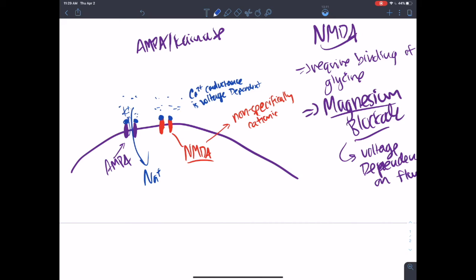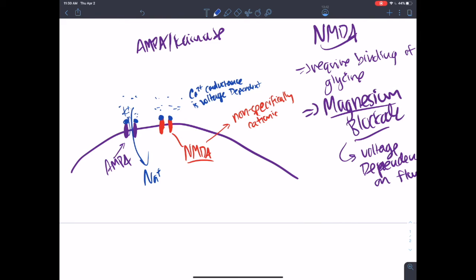And this will become apparent when we talk more about synaptic plasticity, but essentially, that calcium conductance is so crucial for synaptic plasticity and for strengthening the synapse that we don't want it to strengthen any old synapse that has a baseline amount of activity. We want to only strengthen the synapses that are receiving a ton of activity. So this is a way to mediate that activity-dependent strengthening of synapses that we see in synaptic plasticity.